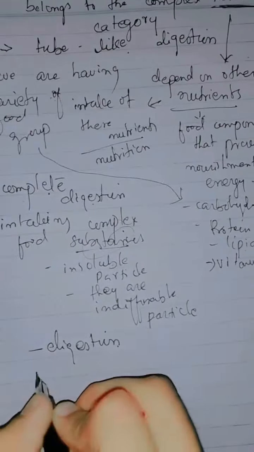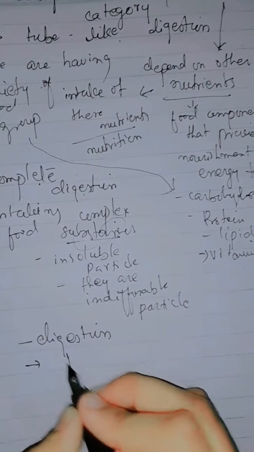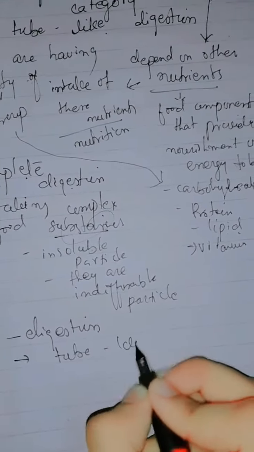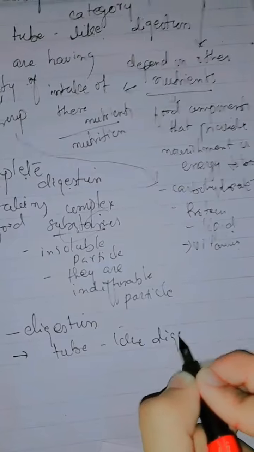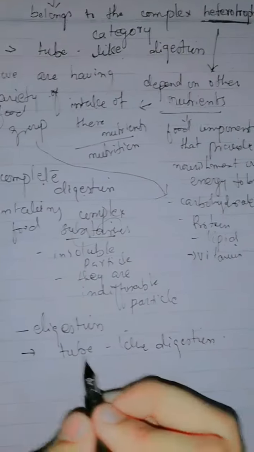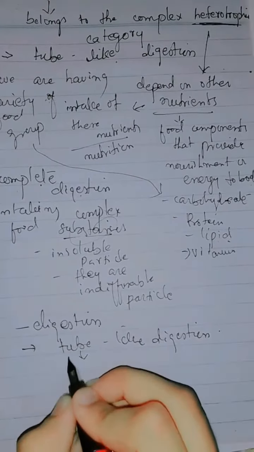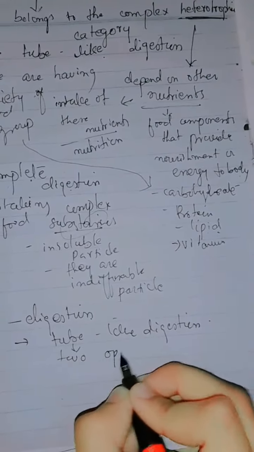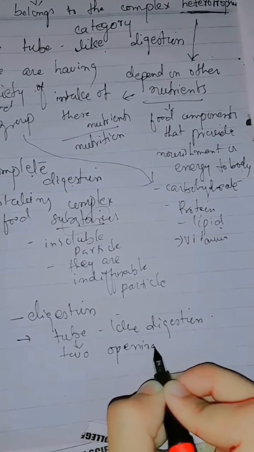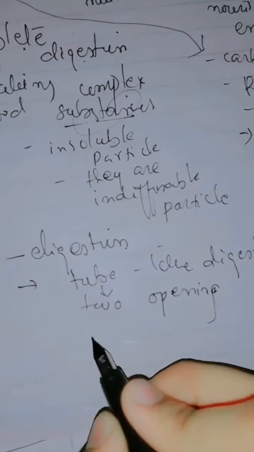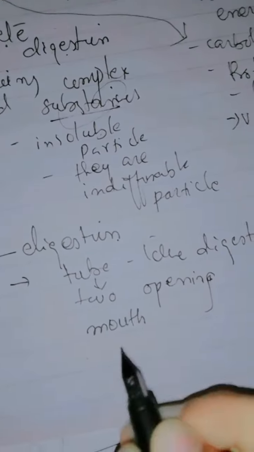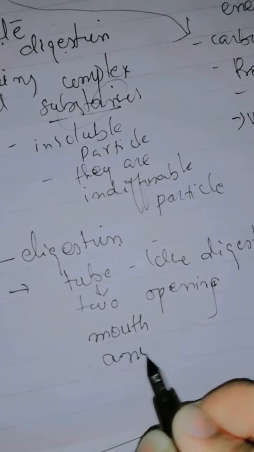And here the digestion will be tube-like digestion, meaning a complete digestion, and tube-like digestion has two openings. One opening is the mouth, the second opening is the anus.